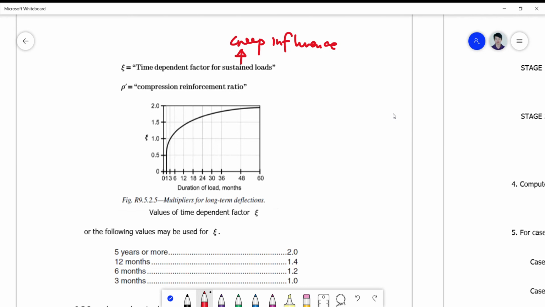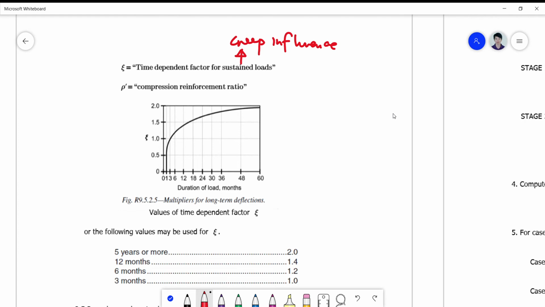The tension reinforcement ratio will no longer affect the long-term deflection, because the modulus of elasticity considered and the moment of inertia considered already have a part in terms of the tension reinforcement.